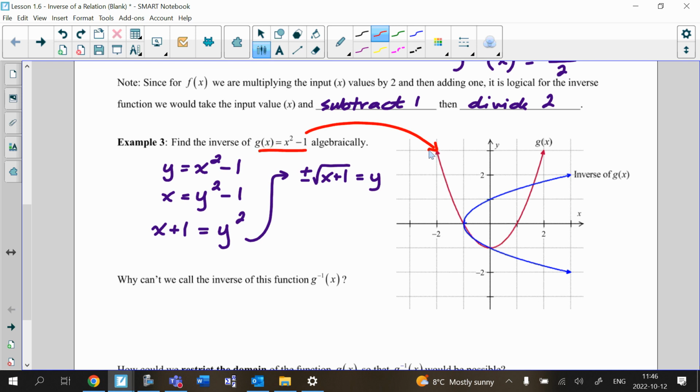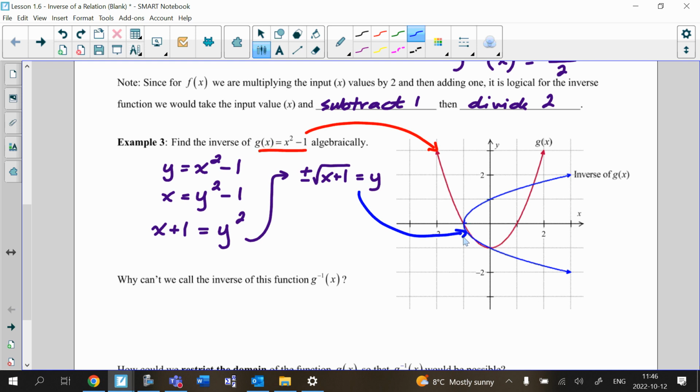This here, the sideways parabola, is actually the graph of the blue one. And we're actually going to study square root graphs in the next unit. Is the sideways parabola a function? No, it's not. So I can't use function notation. I can't use g to the negative 1. I have to leave it like this because it's not a function.